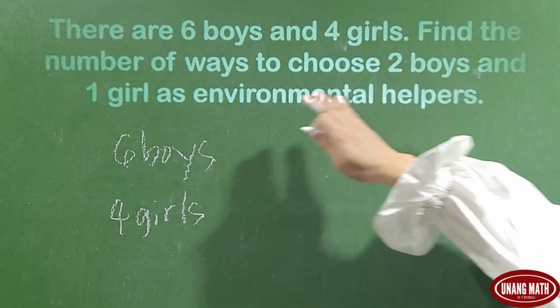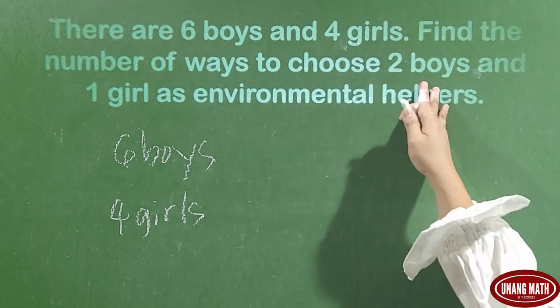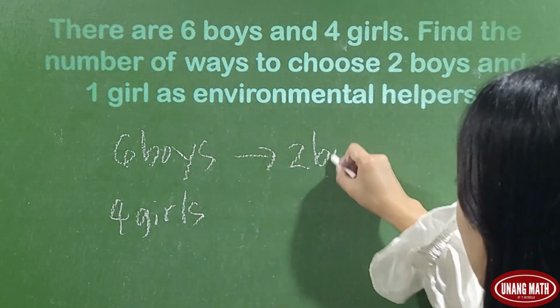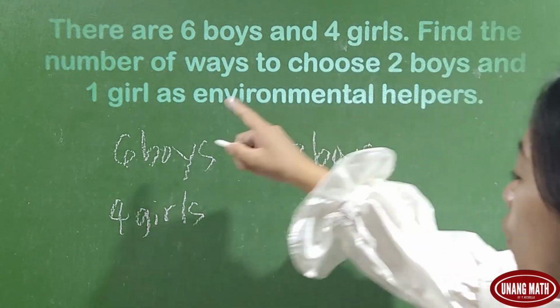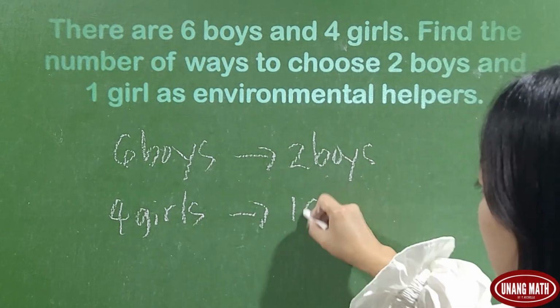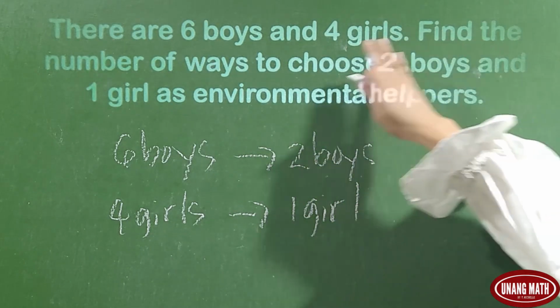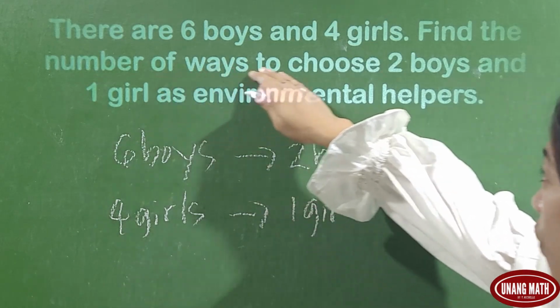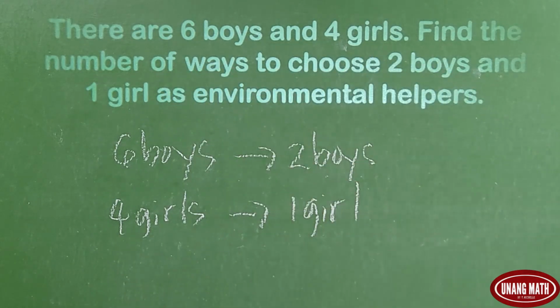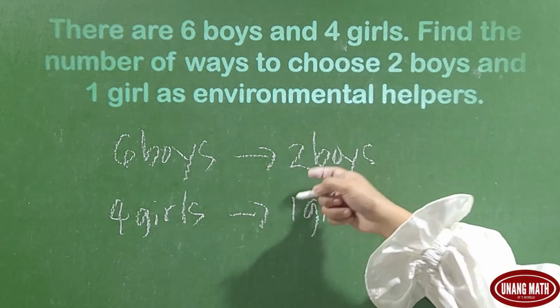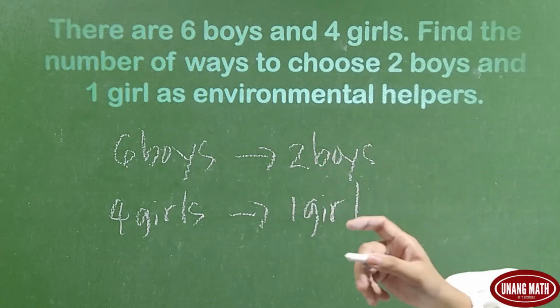So we will choose 2 boys from these 6 boys, and 1 girl from these 4 girls as our environmental helpers. So what will be the number of ways to choose 2 boys and 1 girl as environmental helpers?